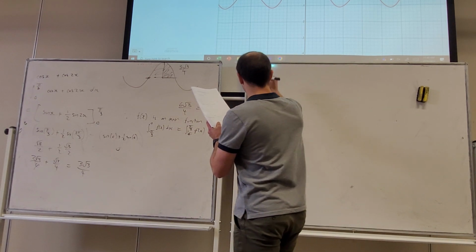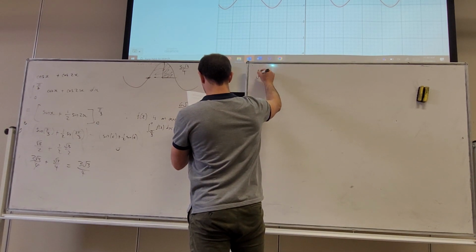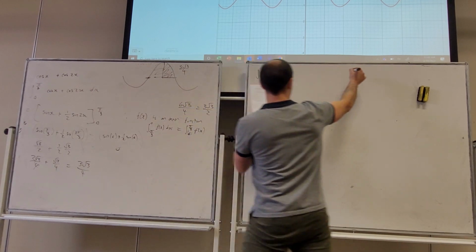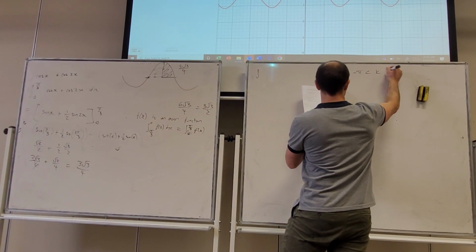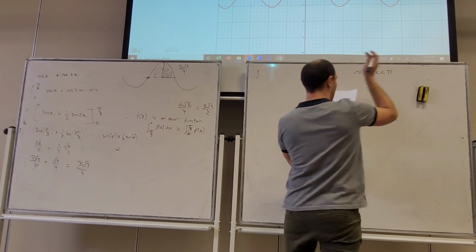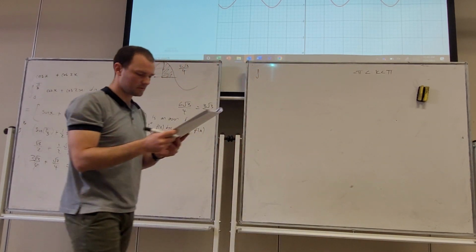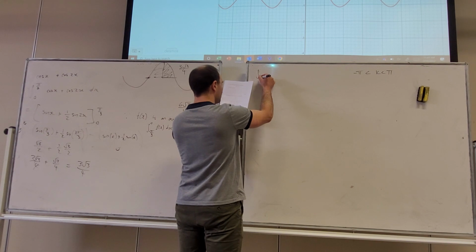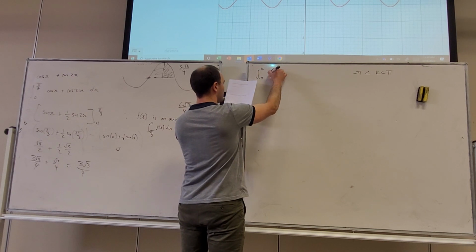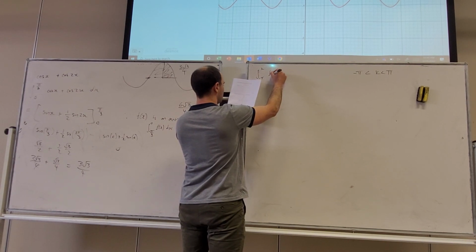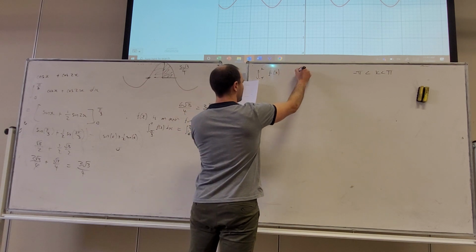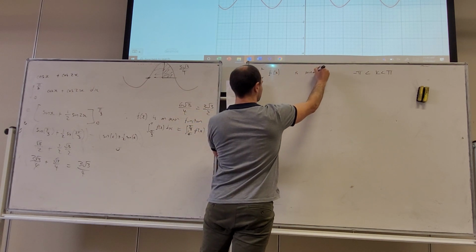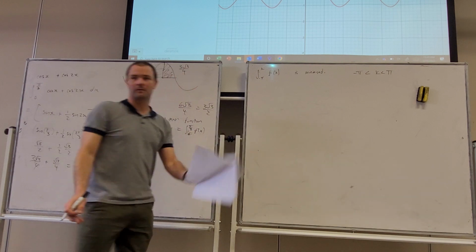Alright, the integral. So we're saying k lies somewhere in here. K is somewhere between minus pi and positive pi. Find the exact value of k such that the integral from minus pi to k of the function is minimized. So we want the smallest area.